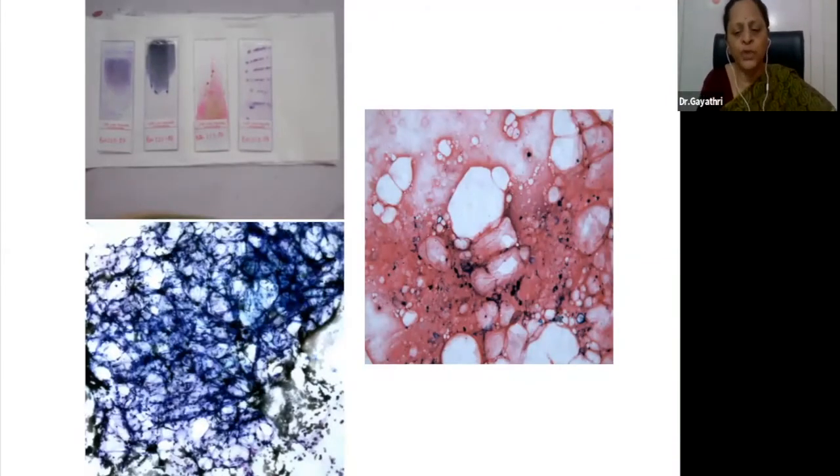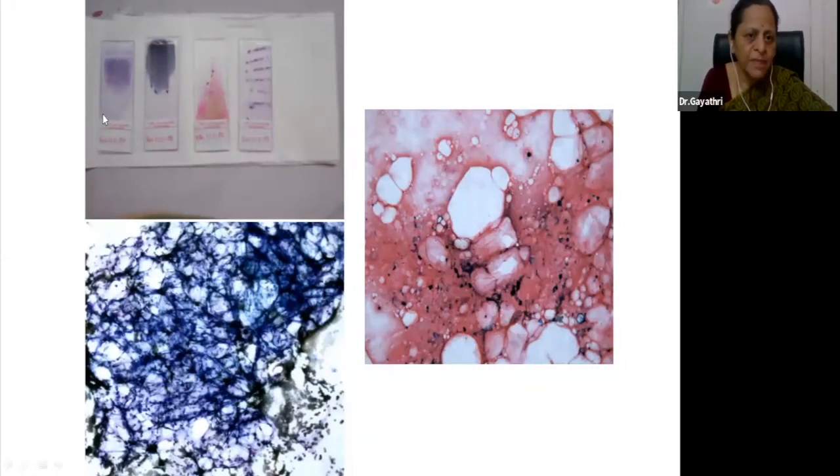Of course, you would do the other ancillary studies to establish MDS, but definitely a morphologic entity that should be identified. So when you do a marrow aspiration, for whatever reason, whether it is for leukopenia, leukocytosis, for anemia, for thrombocytopenia, for thrombocytosis, for whatever reason, you must always have these for cytologic evaluation.